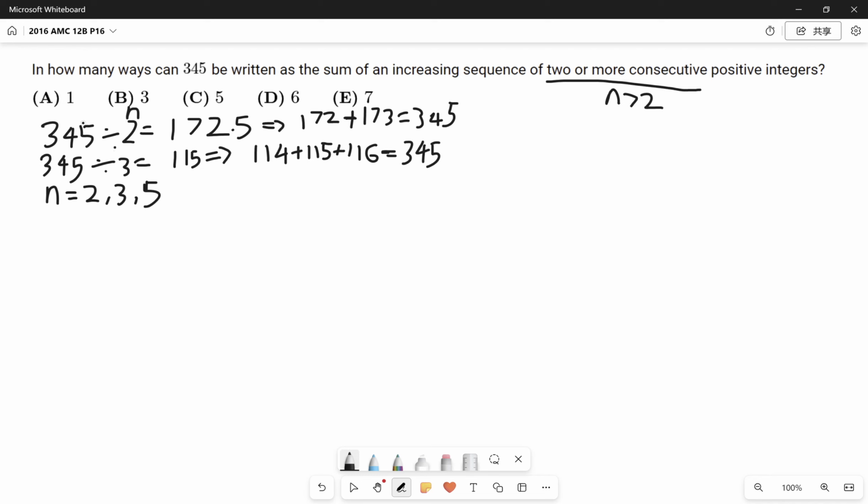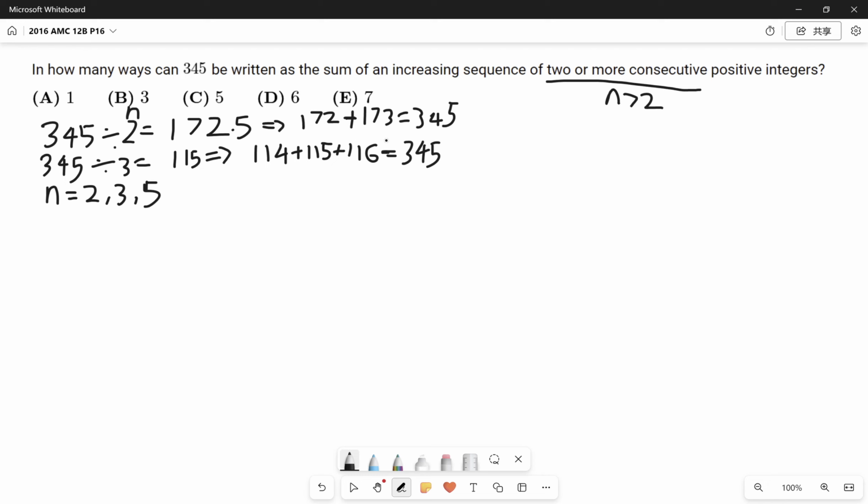So this gives you a 0.5, but no worries, because we know that 345 has no even divisor. So if you divide by 2 or any multiple of 2, you'll get a 0.5 over here. For 0.5, you can just expand onwards. You can say, what are the 2 closest numbers to 172.5?